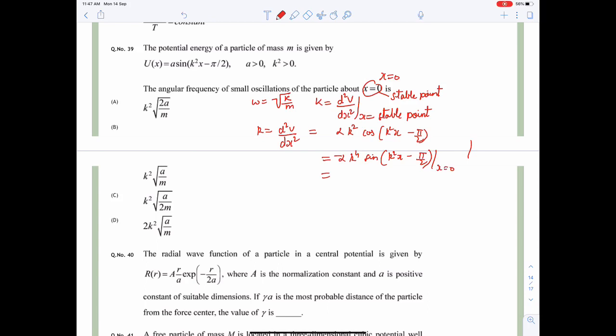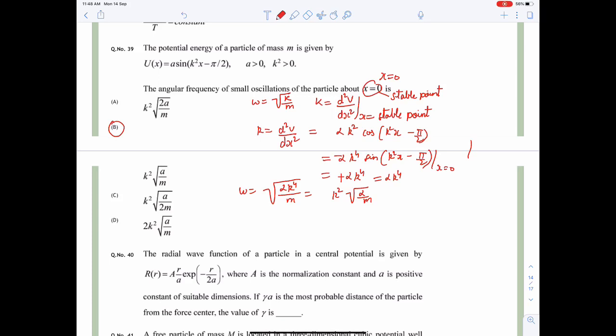So when you put it, you get minus alpha k4 sine of minus theta, which is minus sine theta. Sine pi by 2 is 1, so it will become alpha k4, and when you put it in the formula, omega is equal to the root of alpha k4 upon m. k square is outside, and you will get alpha upon m. So your answer is B.